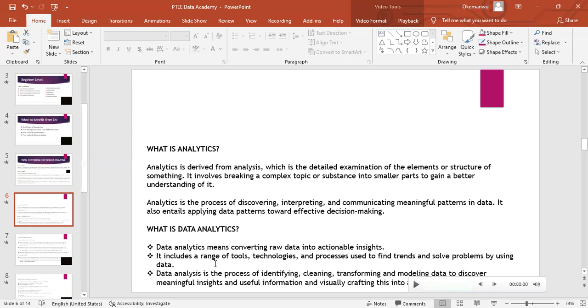There's another one called MySQL, that is SQL, Structured Query Language, and other software. These are a range of tools, technologies, and processes. There are a lot of processes that can be followed to discover a particular trend and solve the problem by using the data. You understand?